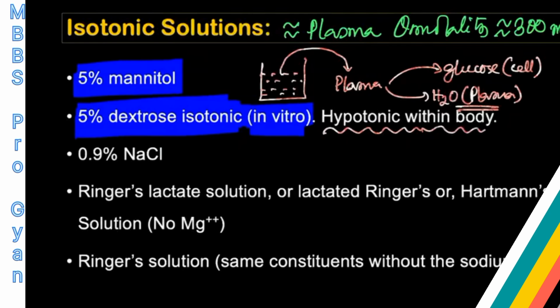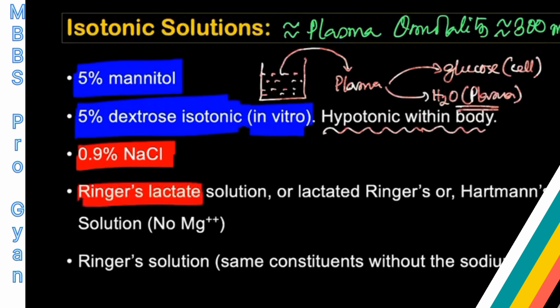That's why we say that 5% dextrose solution in vitro is isotonic. Strength is the same as plasma, but whenever the solution is injected in the body, glucose is taken up by the cells and it becomes a hypotonic fluid, right? Second and third. So third we have already discussed, 0.9% NaCl is also isotonic.